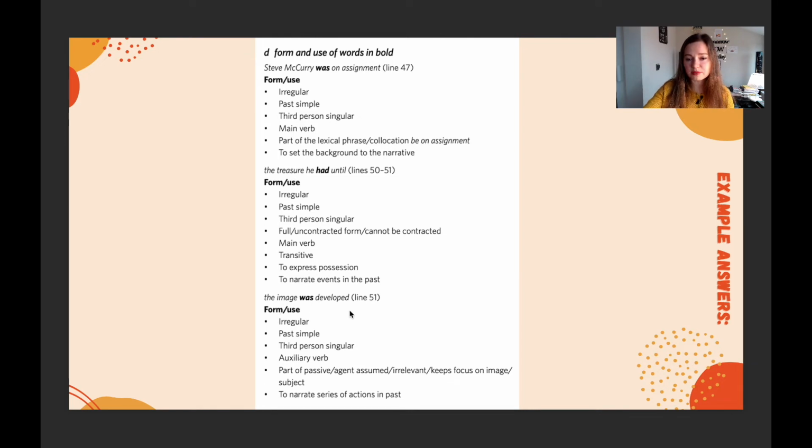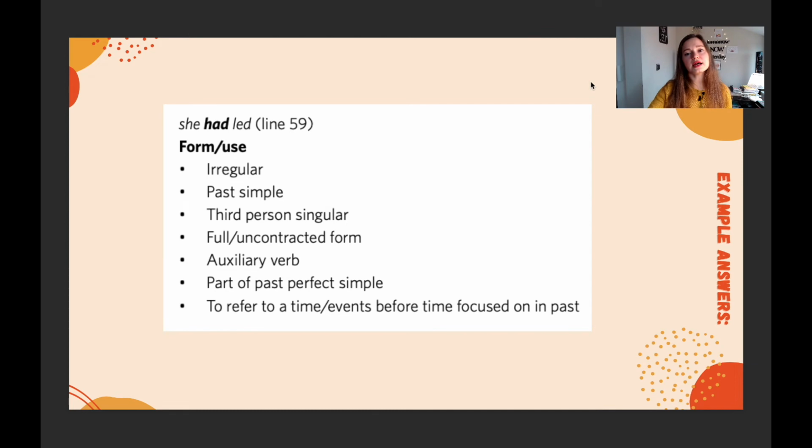The image was developed. You can see irregular, past simple, third person singular, auxiliary verb, also a really important thing, part of passive, and is used to narrate a series of actions in the past. This is our use. And finally, we have another phrase, she had led. Here we go. Irregular, past simple, third person singular, full uncontracted form, auxiliary verb, and part of past perfect simple.